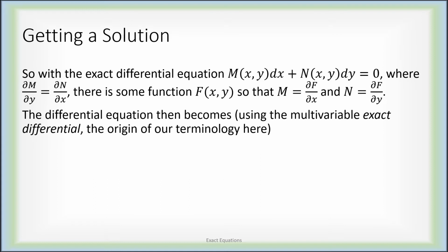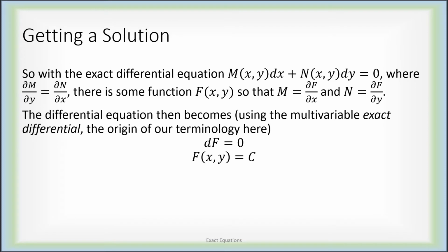The differential equation can then become, and this uses the multivariable exact differential, which is why these are called exact differential equations, the differential of F is 0. Okay, so if M is the x derivative and N is the y derivative, then x derivative dx plus y derivative dy is what's called the exact differential of F, and we have that equal to 0 here.